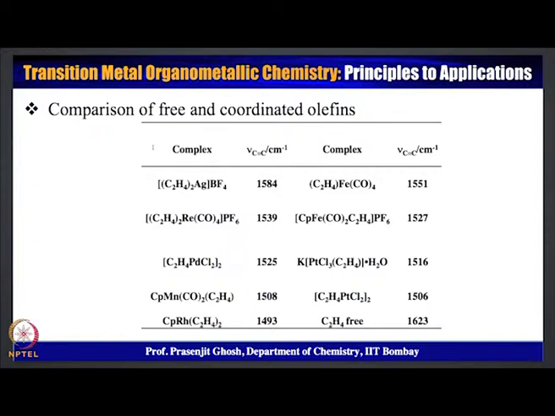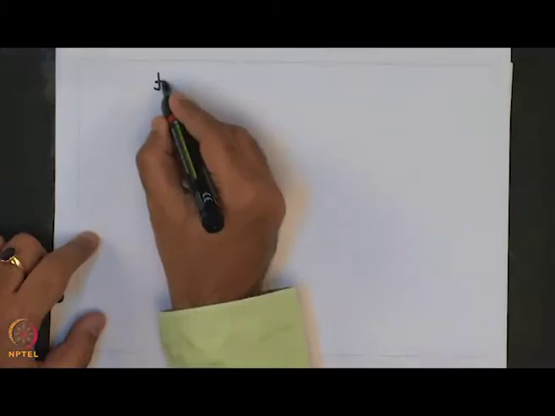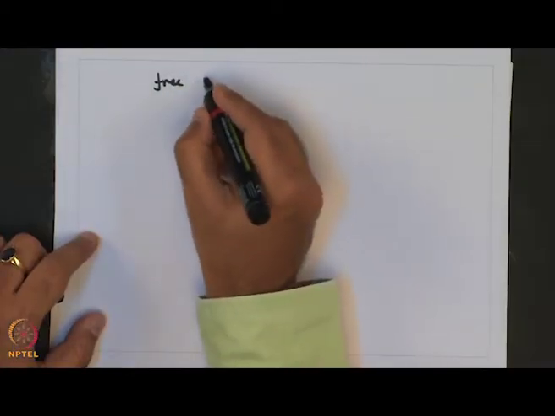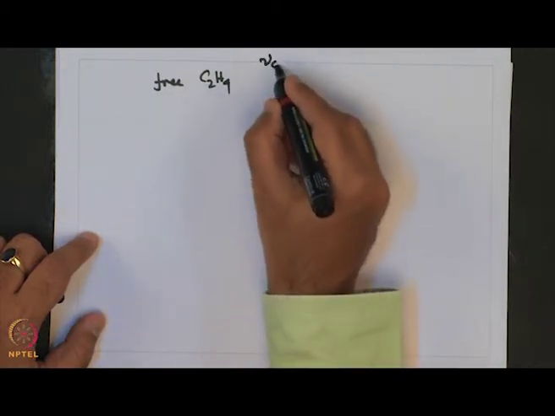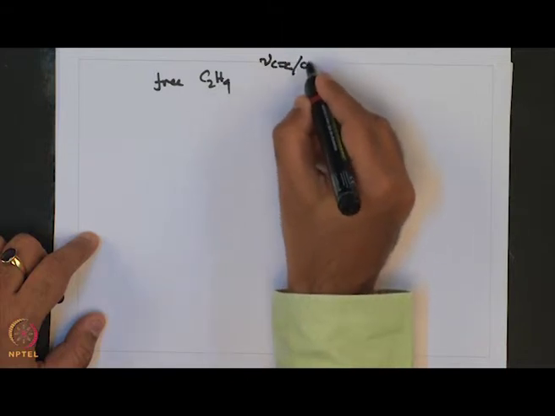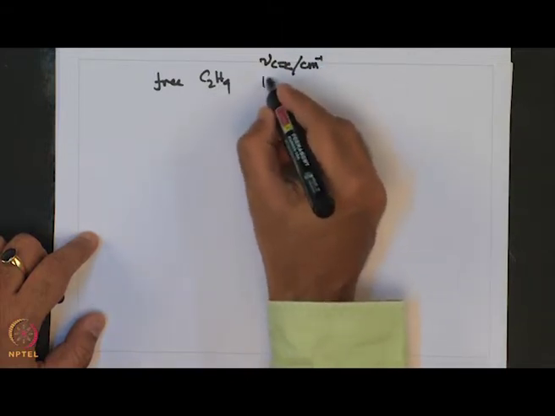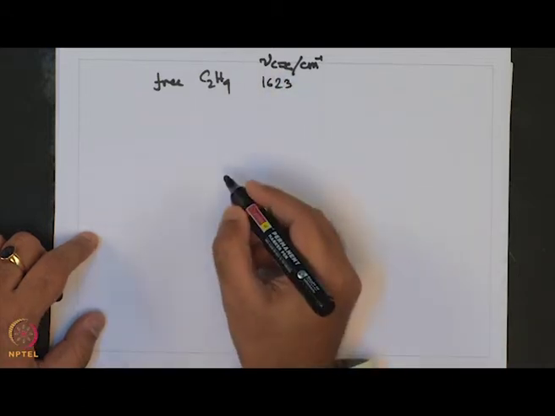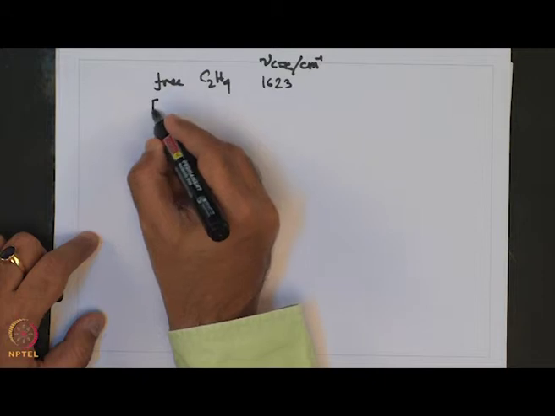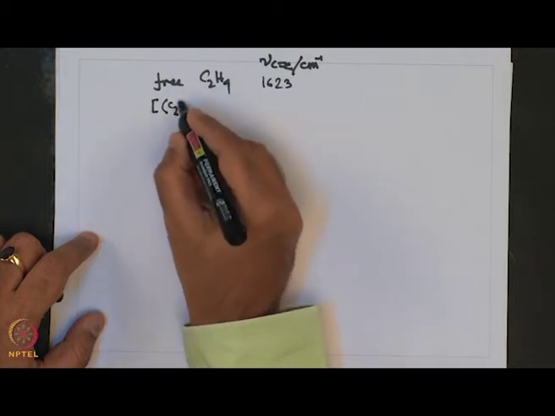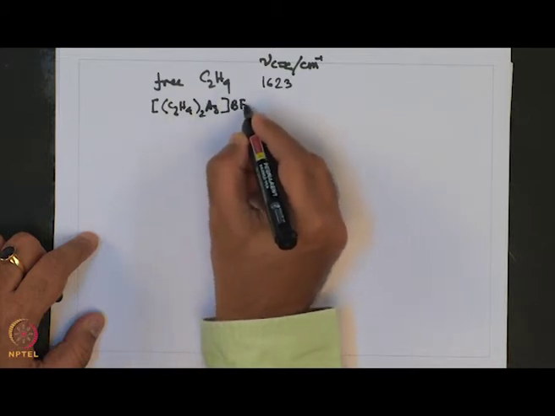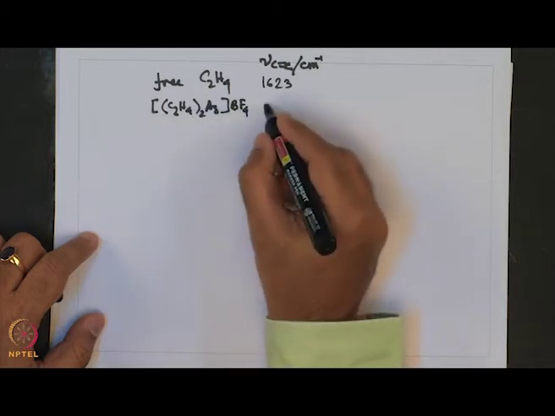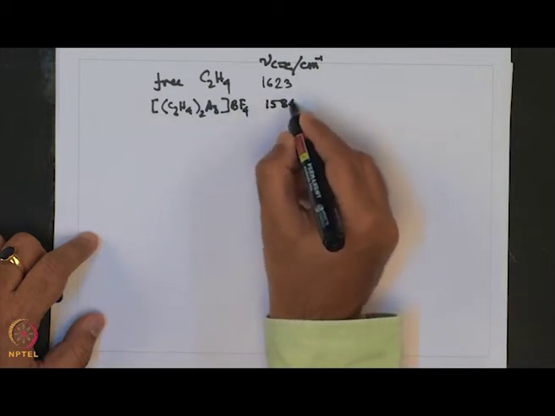For example, for free C2H4, the CC stretching frequency in centimeter inverse is 1623, and for the alkene complex (C2H4)2 Ag BF4, because of both of these interactions, it is 1584.